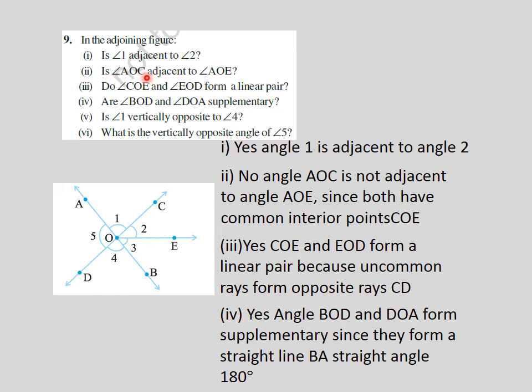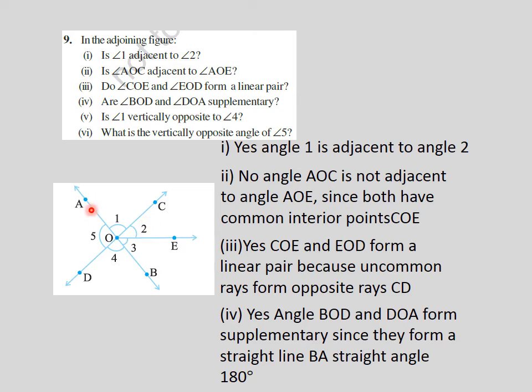Is angle AOC adjacent to AOE? AOC is angle 1. AOE means 1 and 2. Are they adjacent angles? They have a common vertex.